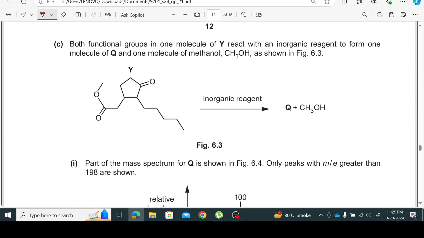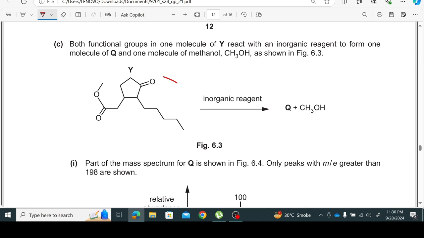Both functional groups in one molecule of Y react with an inorganic reagent to form one molecule of Q and one molecule of methanol. Okay, so now we have to identify Q. The inorganic reagent we are using, and one of the products is methanol.